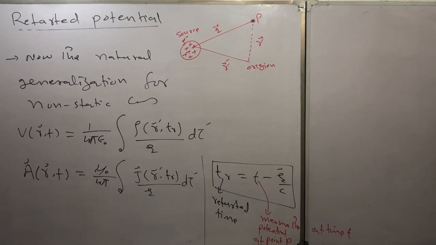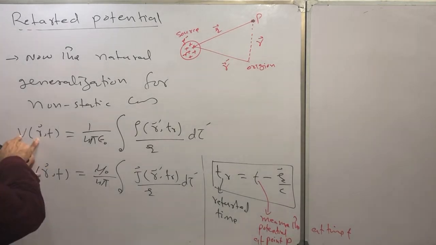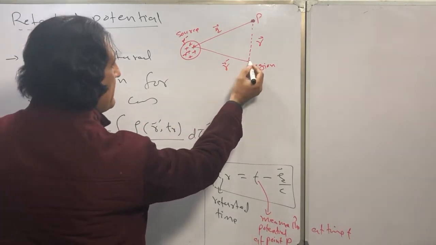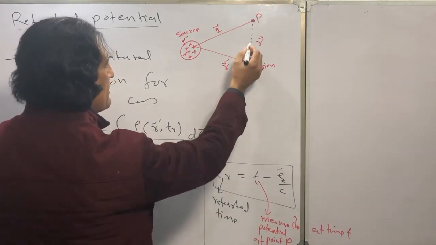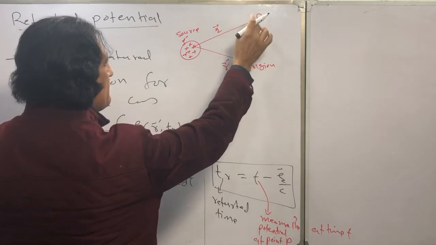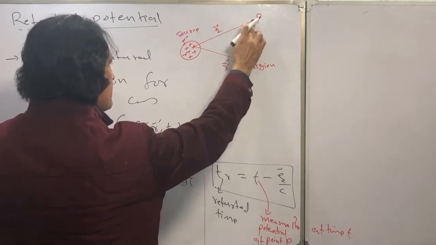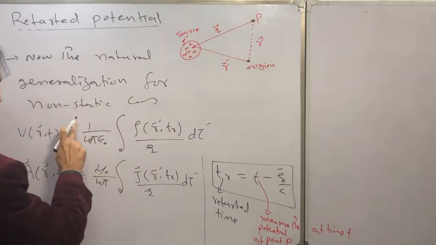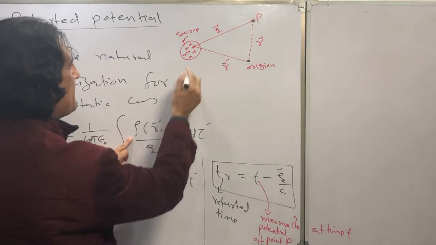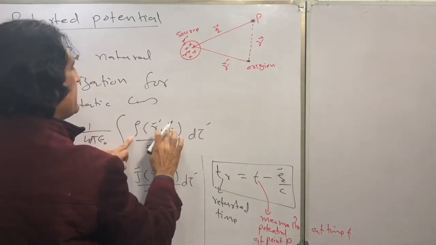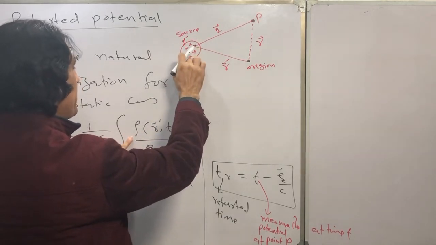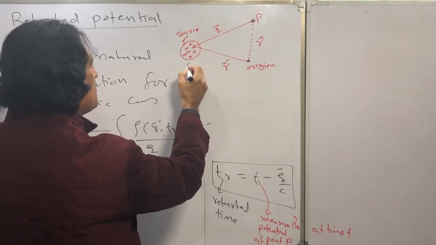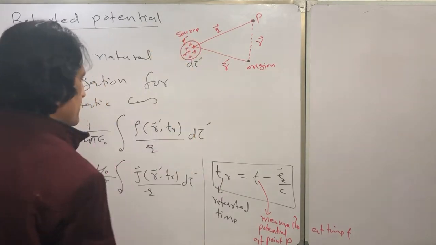So here the potential depends upon R. From here you can look at the potential V at point P. So this is V of R and t at time t, which is equal to this, and this r prime is where the electromagnetic wave is generated at the retarded time, and d tau prime is the volume of the source.